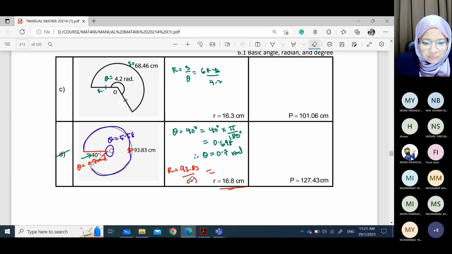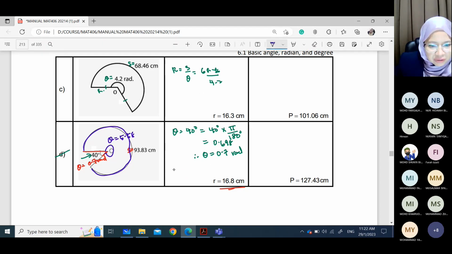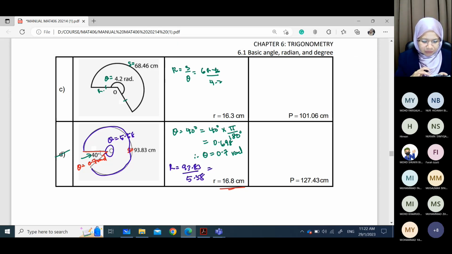So, yang ini radius dia adalah, I guna colour biru bezakan. So radius sama juga dengan 93.83 over this angle, 5.58. 63.83 bagi dengan 5.58. Sekejap. Ya, baru kita dapat 16.8.